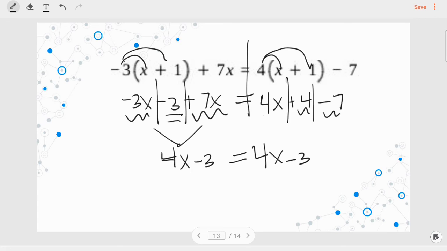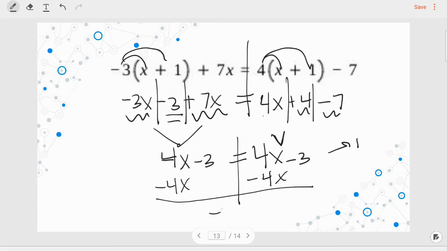If you notice, they're exactly the same on both sides, so I think infinite solutions, but I'm going to hold off on writing it. I'm going to prove it with algebra. It doesn't matter which side is your number side, which side is your variable side. Let's say we make this our variable side, get rid of the variable on the side, 4x, minus it on both sides. I'm left with negative 3 equals negative 3.